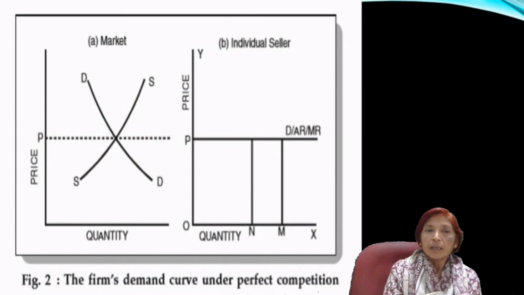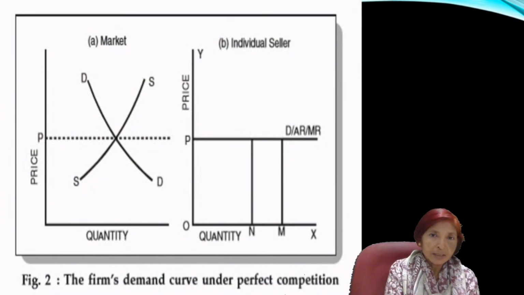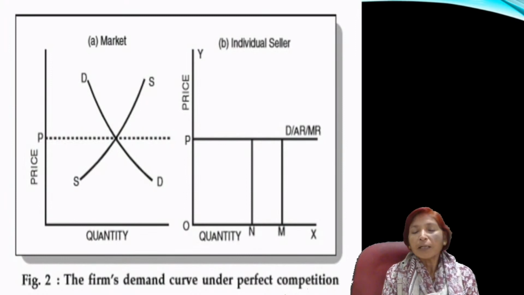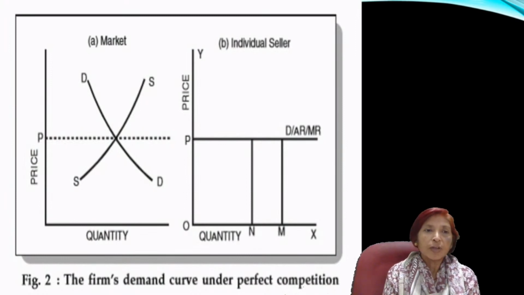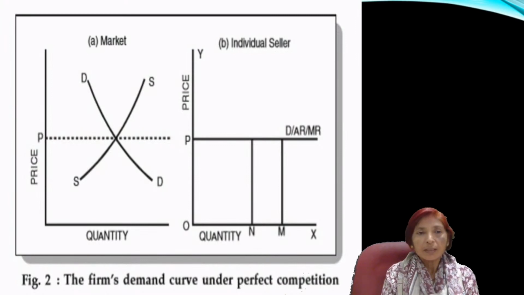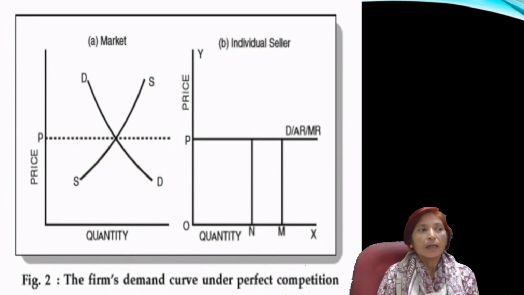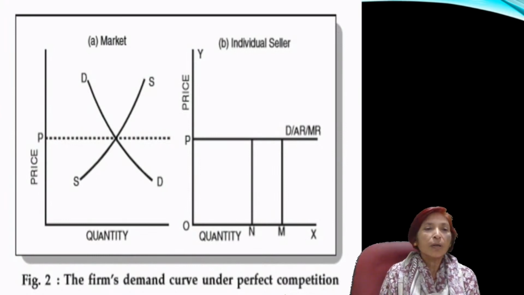Next, in a perfect competition market, price is decided by the industry's demand curve and supply curve. The industry's demand curve generally slopes downward, because demand and price are inversely related. At higher prices, demand is low, and at lower prices, demand is high.